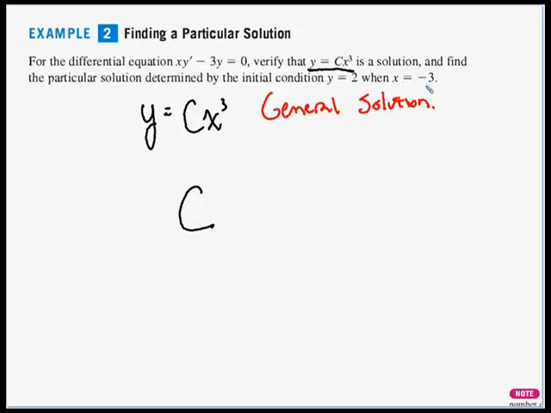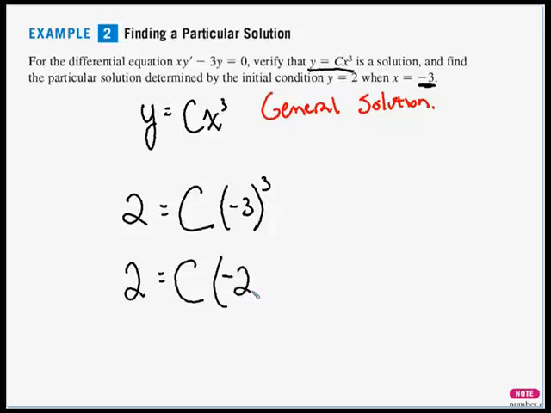We're going to plug in a value for x. -3 goes in for this x. -3 to the third power. And for the y value, we put in a 2. So we have 2 equals c times -3 quantity to the third, which is -27. And to isolate c, we divide by -27. c is going to equal -2/27.